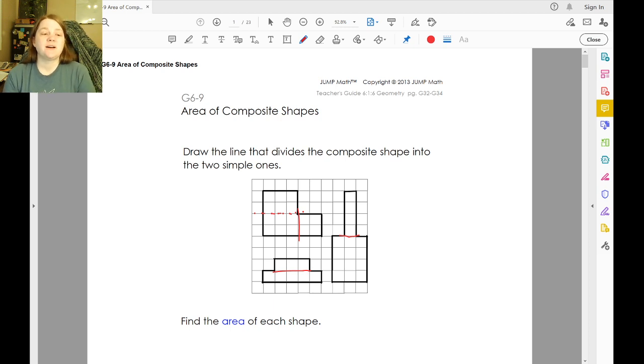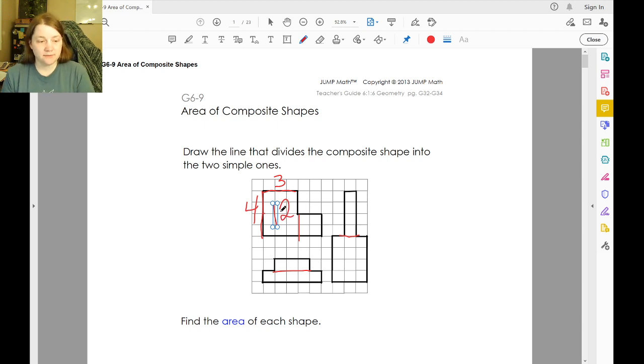If I wanted to find the area of the shapes that I split into, this makes it a lot easier. I can see that the distance here is 3 and the distance here is 4. So 3 times 4, because I'm not going to use this split, goodbye, 3 times 4 is 12.